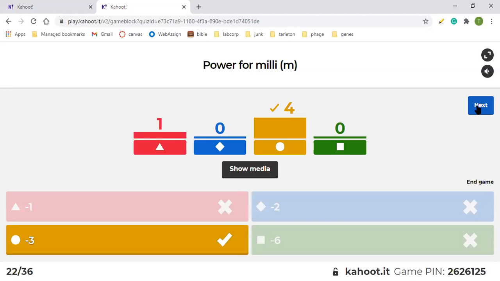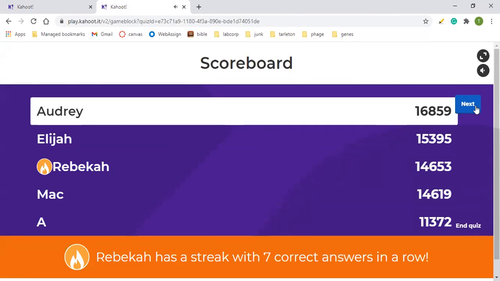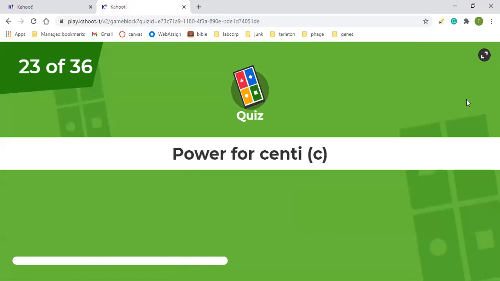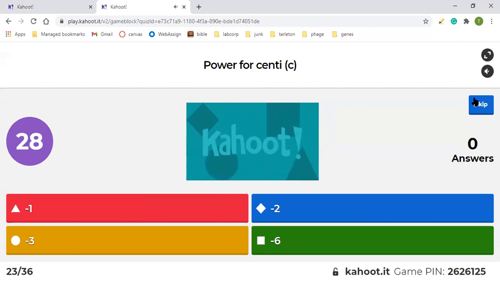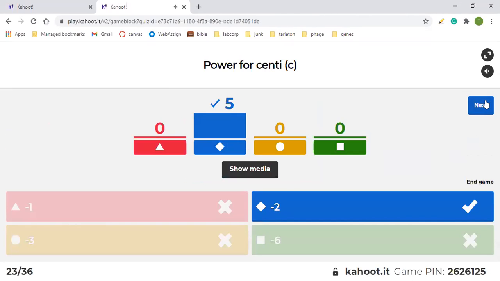Millimeter is going to be your most common use of this one, because 1 millimeter is 1 times 10 to the -3rd of a meter. Centimeter: 1 centimeter is 1 times 10 to the -2nd of a meter.